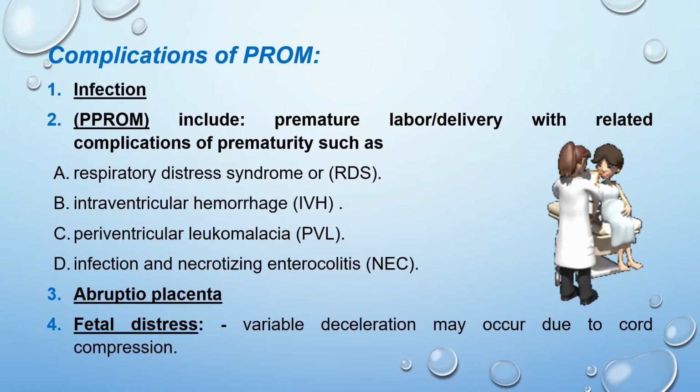Also we have premature labor and delivery with related complications of prematurity, which are respiratory distress syndrome, intraventricular hemorrhage, periventricular leukomalacia, infection and necrotizing enterocolitis. There is a possibility of abruptio placenta, which is premature separation of a normally situated placenta. Fetal distress with variable deceleration may occur due to cord compression, because we do not have enough amniotic fluid.